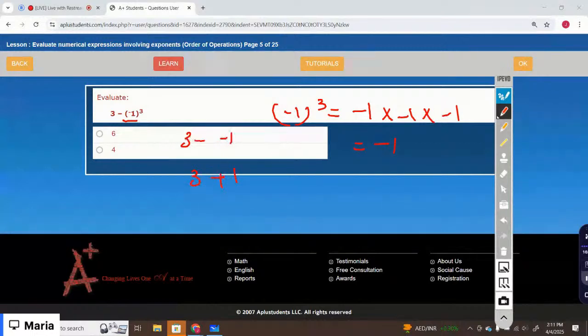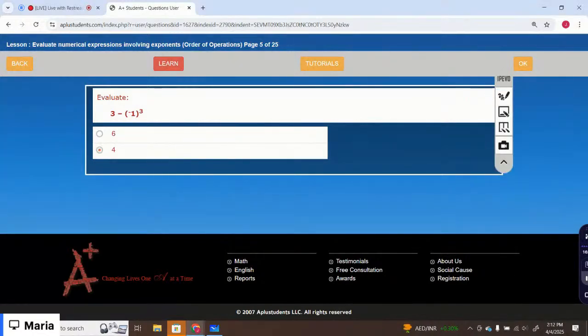Subtracting a negative number is the same as adding. So 3 plus 1 equals 4. Option number 2 is the correct option.